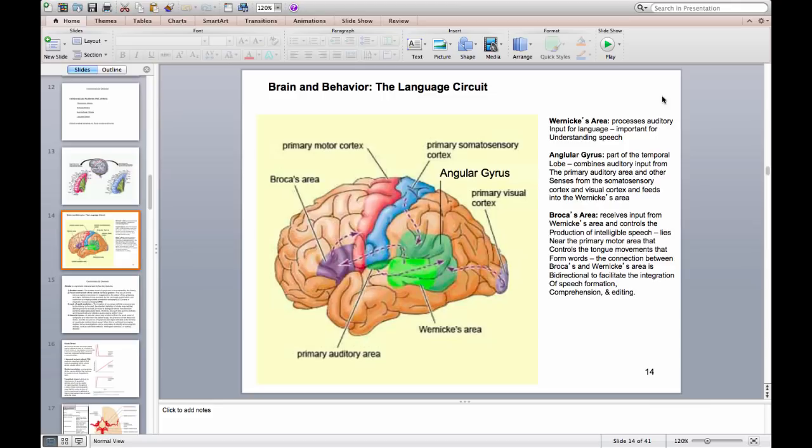So most people will have that on the left side. And so if you have right-sided paralysis, you can see how close the primary motor cortex on that left side is to Broca's area. Having a stroke that impairs motor function on that side could easily also involve Broca's area, right? And so you have language problems as well. Okay.